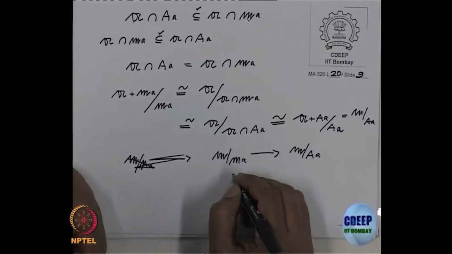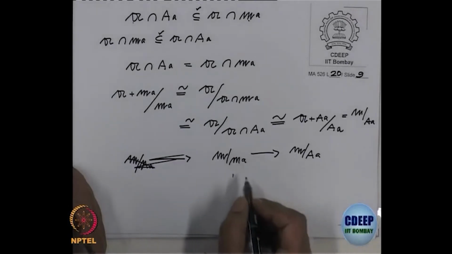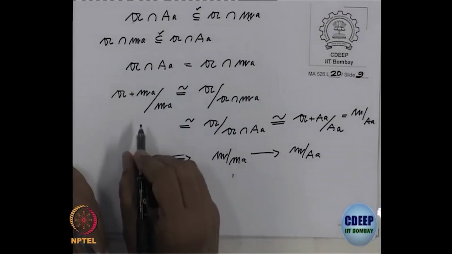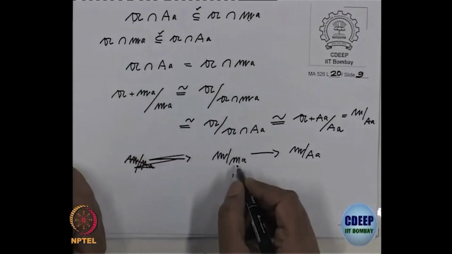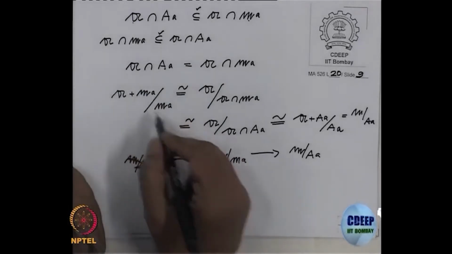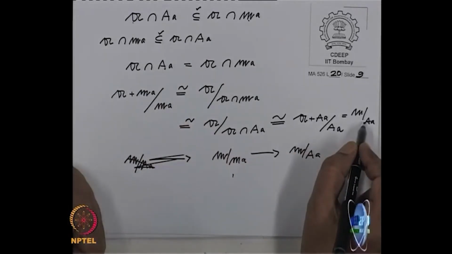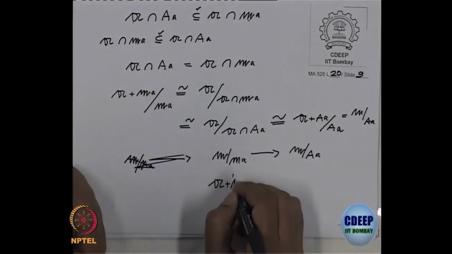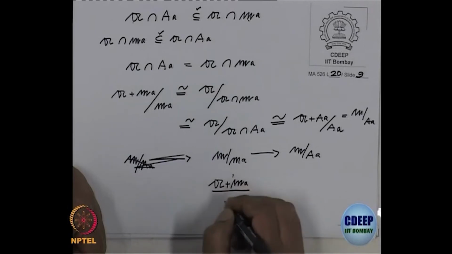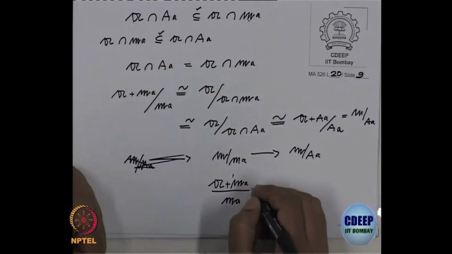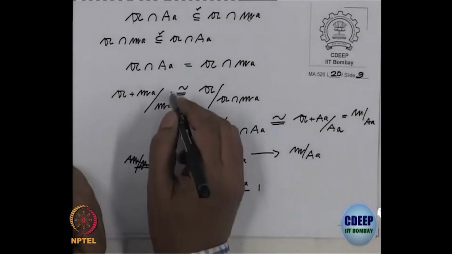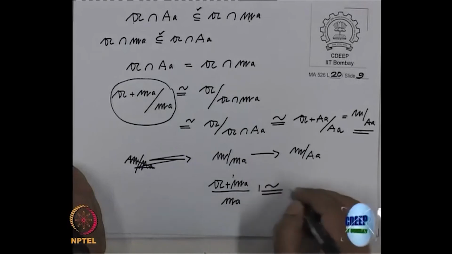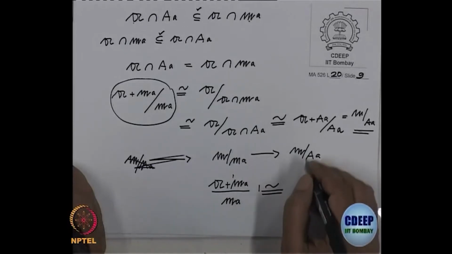So, this one maps this one isomorphically onto this. So, here you have A plus MA mod MA. We have checked that this one is isomorphic to this one. So, these ones are isomorphic, these ones are isomorphic, this is the same.